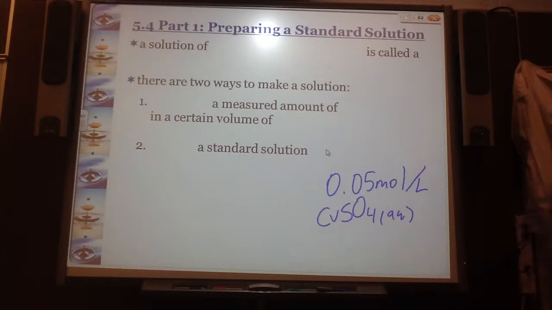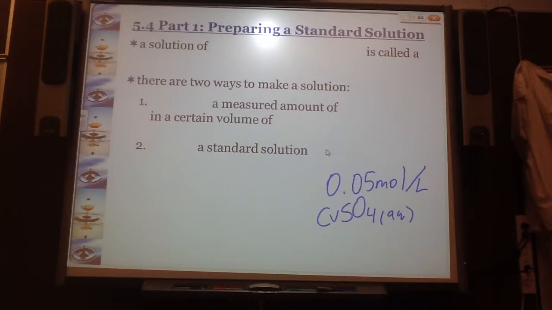Okay, what if I said I only wanted 50 milliliters of it? Get a 50 milliliter measuring cup. Good. This is the first constructive idea, yes. Like that I just wanted to make 50 milliliters, not a liter. So I need a 50 milliliter measuring cup, good.